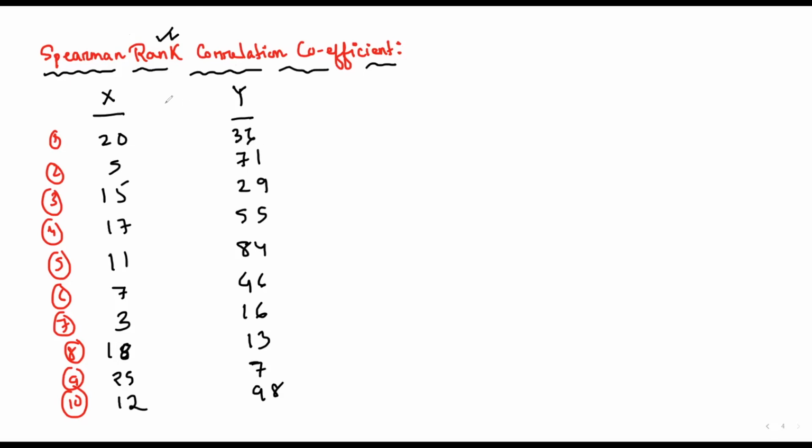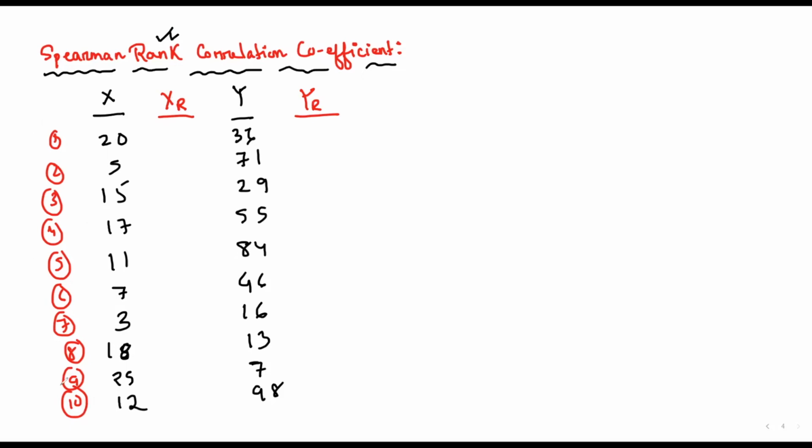Let's say I give a new variable name, XR, rank for X. Similarly, YR, rank for Y. The highest value in this particular series of the X random variable will get rank 1, and the lowest will get rank 10.